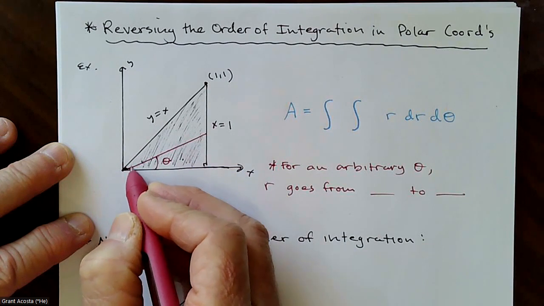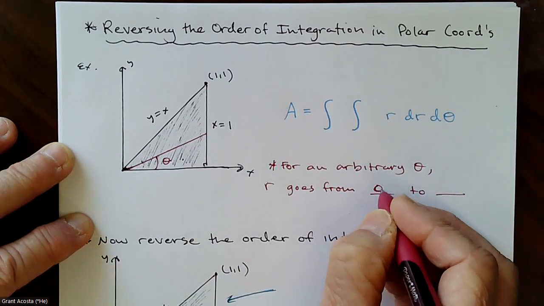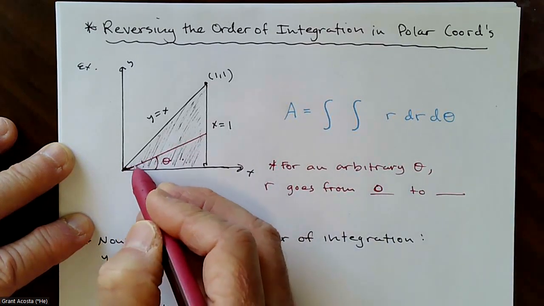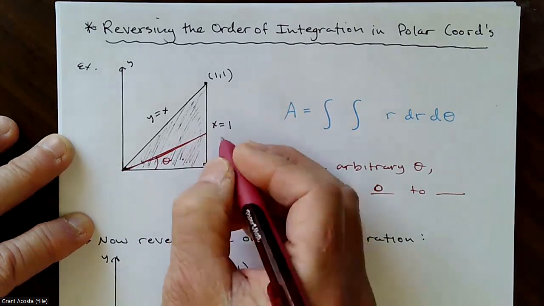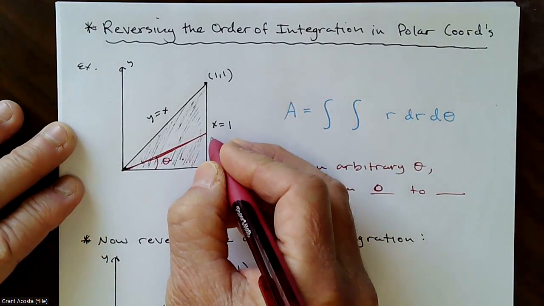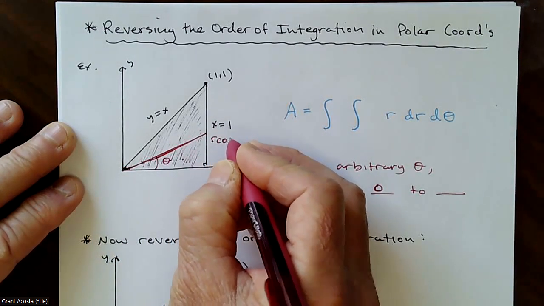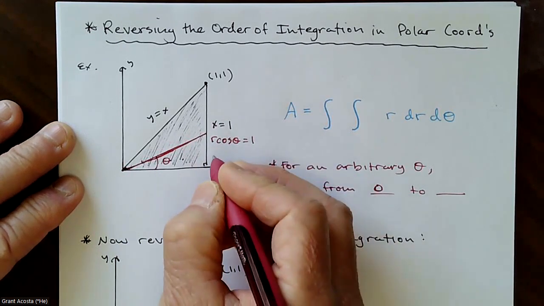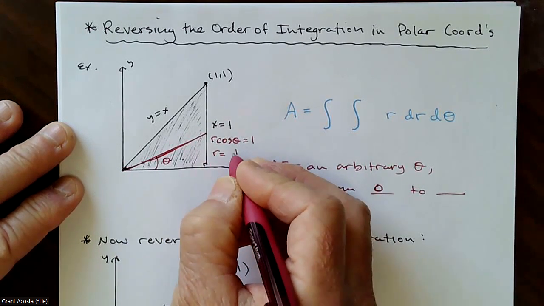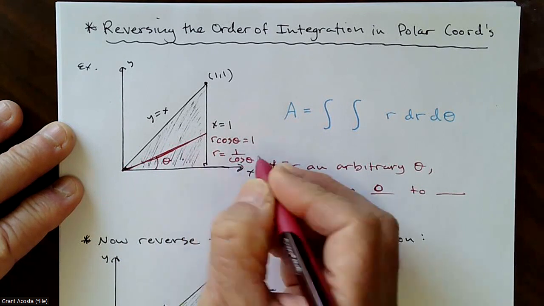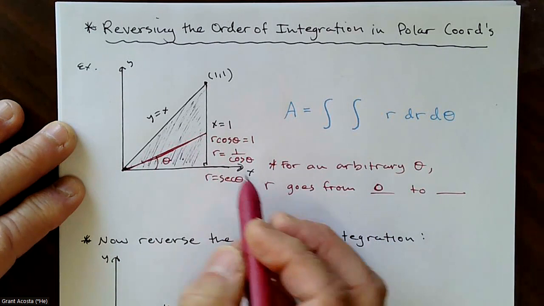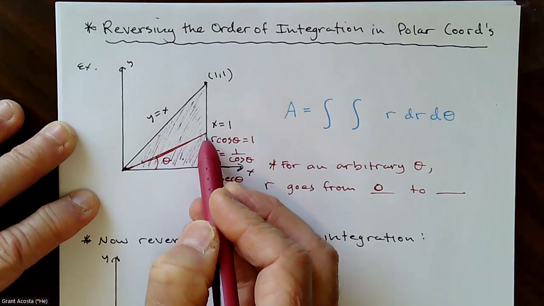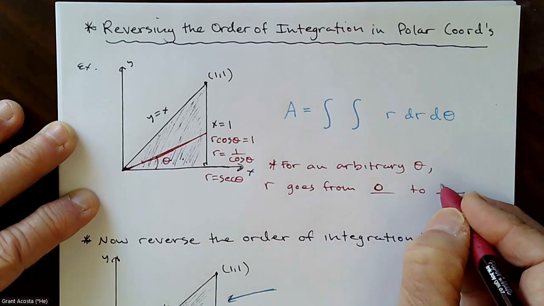Well, the minute you move away from the origin, you're in the region. So my smallest value for r would be 0. And we exit the region when we hit this line x equals 1. Remember, in polar coordinates, x is r cosine theta. So that would be r equals 1 over cosine theta, or r equals secant theta. So r goes from 0 to secant theta.